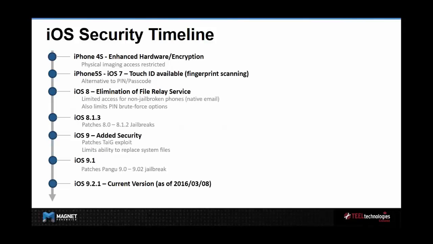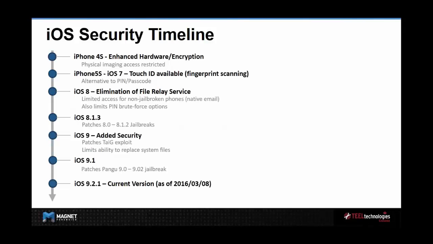And as the years went on, they've added Touch ID, which allows you to use your fingerprint to unlock the phone, and it's just another piece of security that they've added. iOS 8 was actually another pivotal point in when they blocked the file relay service. And this blocked a bunch of data from examiners, and most notably the native email service on Apple.